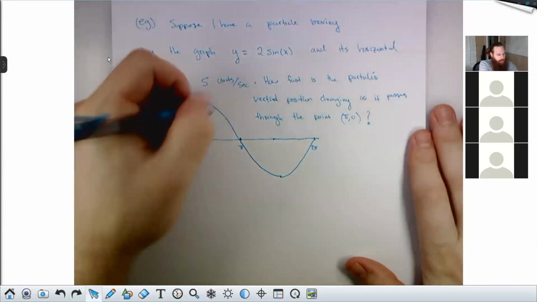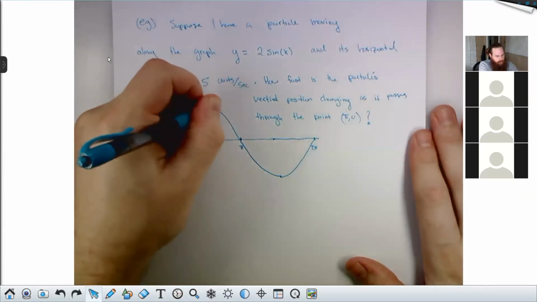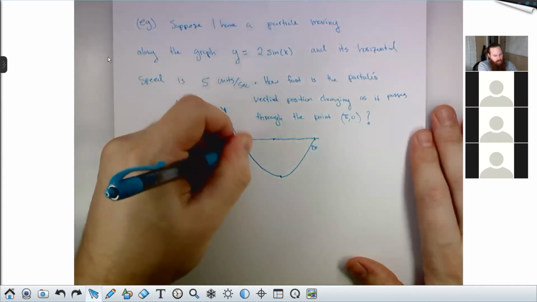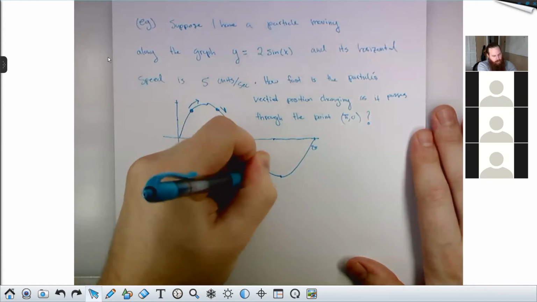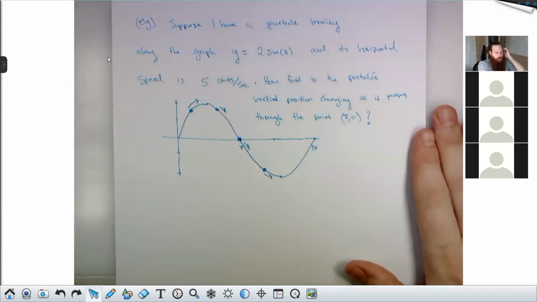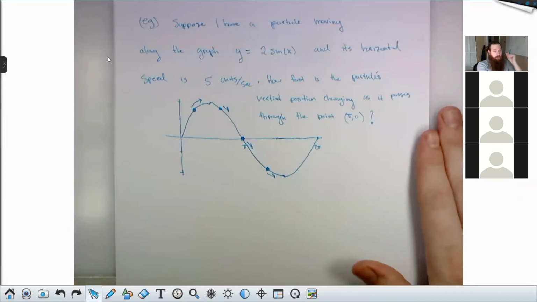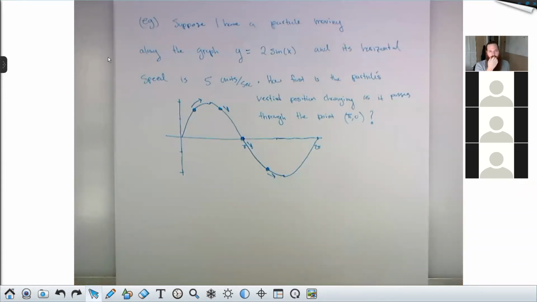All right, so at one moment he's there, a little later he's here, a little later he's here, a little later he's over here. Right, this particle is moving along this graph and its horizontal speed is constant, always 5 units per second.